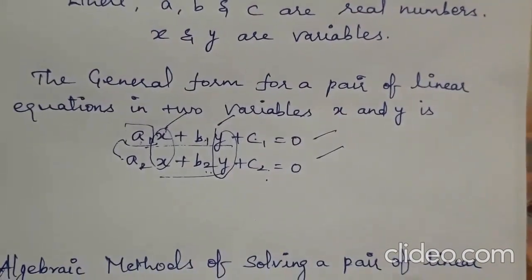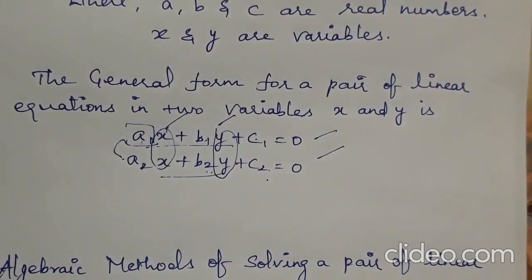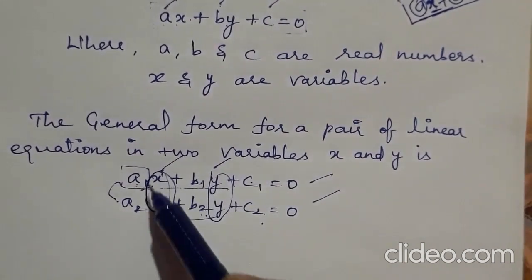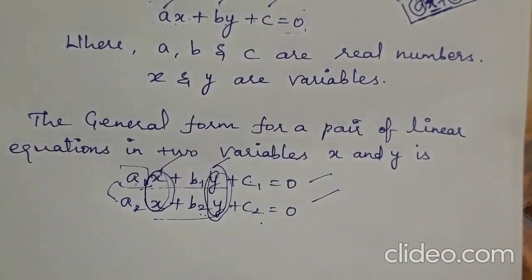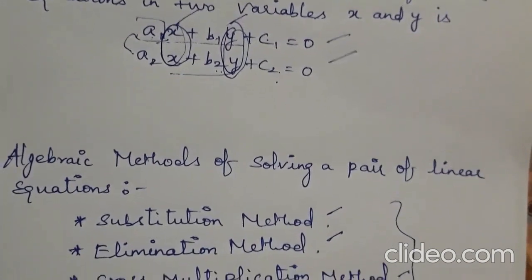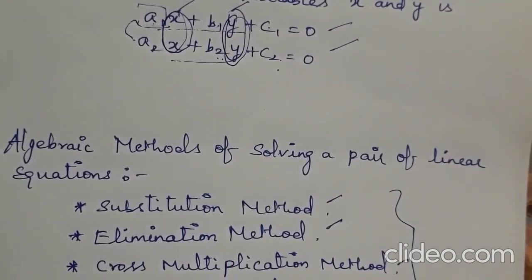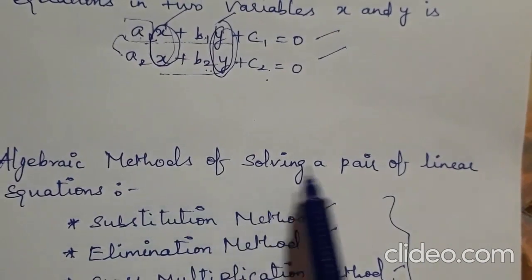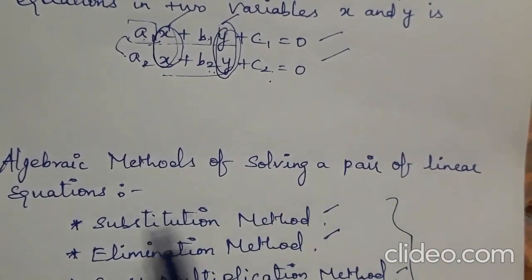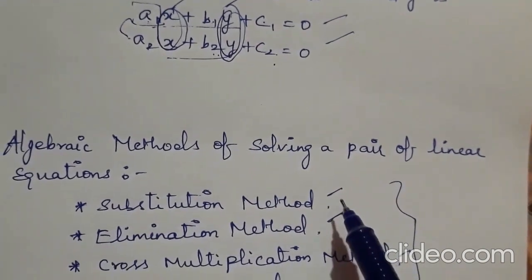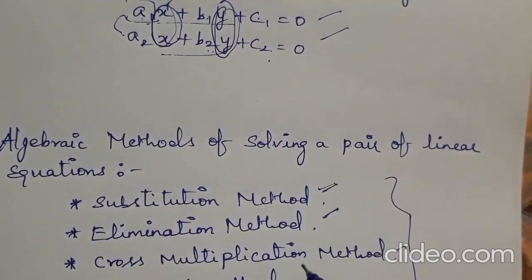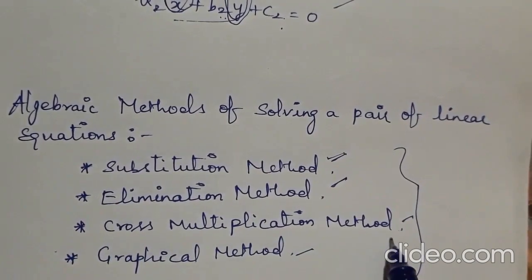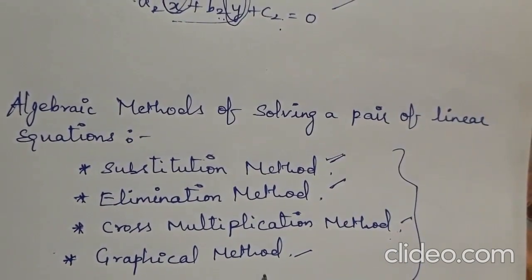So from the equations, how to find the values of x and y. We are going to find the value of x and y. There are some methods to solve the pair of linear equations: substitution method, elimination method, cross multiplication method, and graphical method.